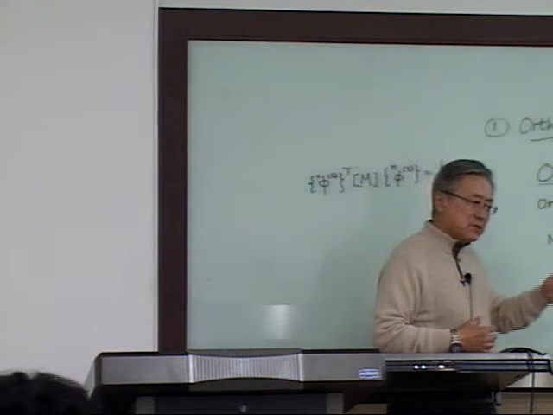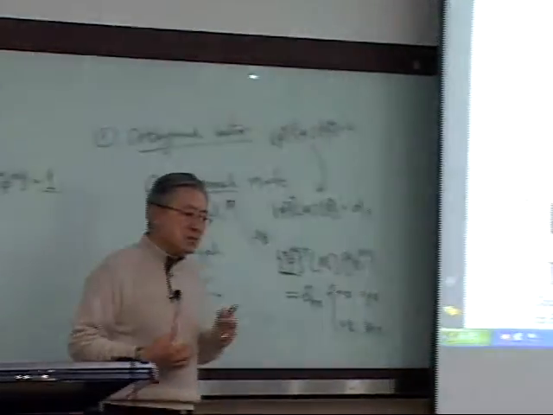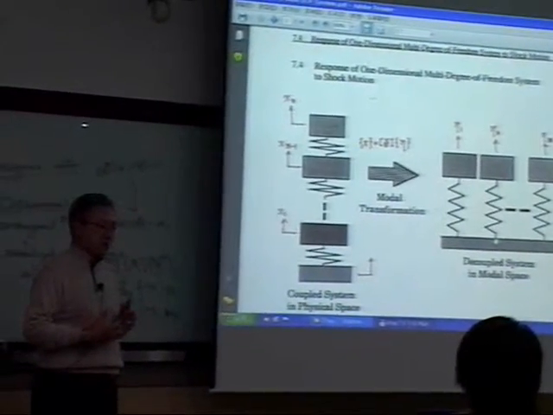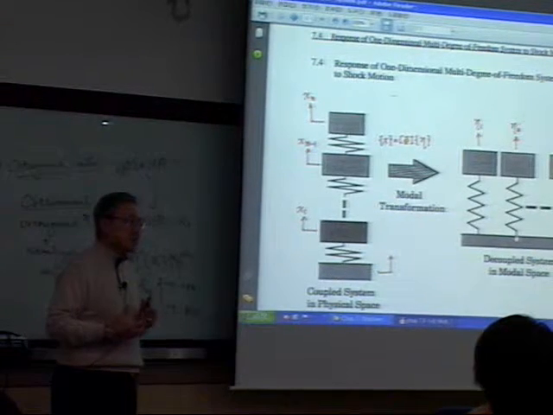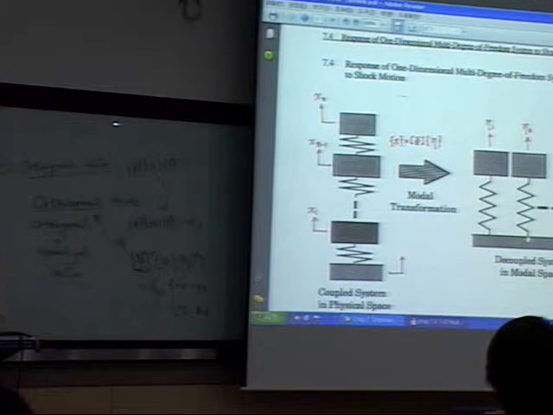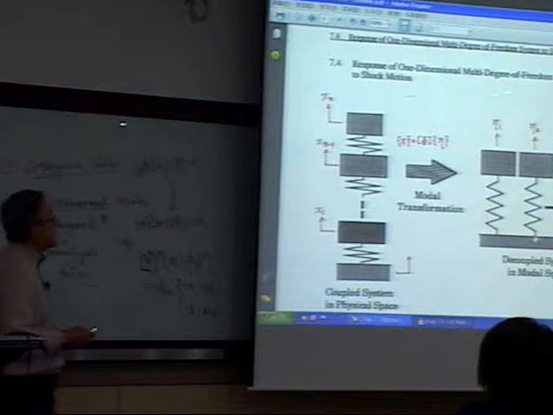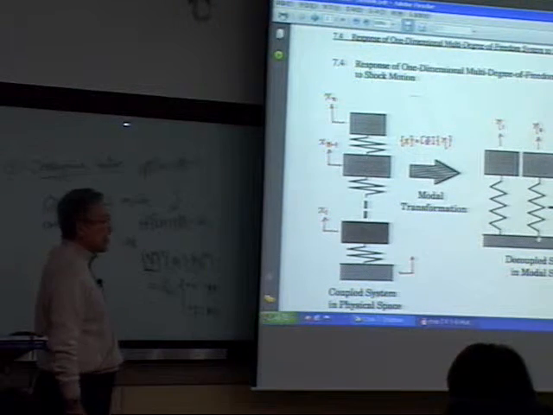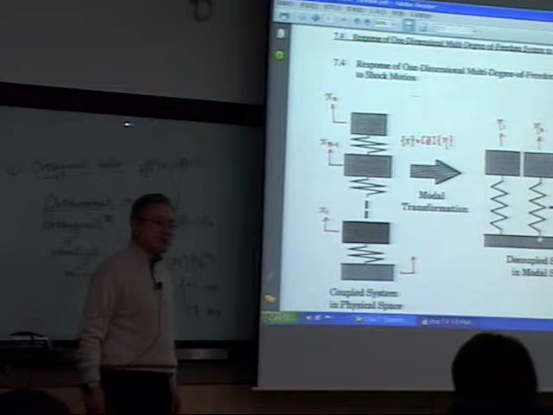For 7.4 and 7.5, I want you to understand the conceptual things; that's good enough. One case is the response of a one-dimensional multi-degree of freedom system to shock motion. When we say shock motion, it is a base excitation.